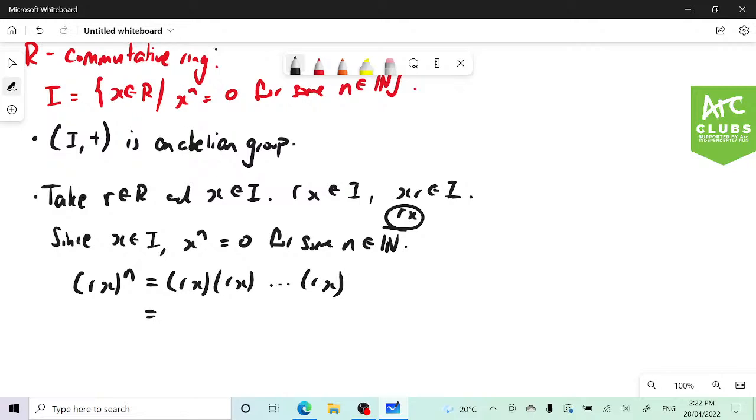Because R is a commutative ring, we can swap the order of all of these elements. So we can group all of the r's together and then all of the x's together. What we end up with is r to the power of n times x to the power of n, because R is commutative.